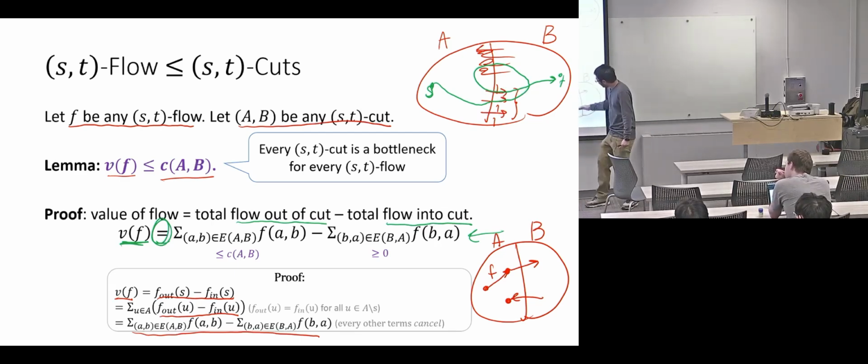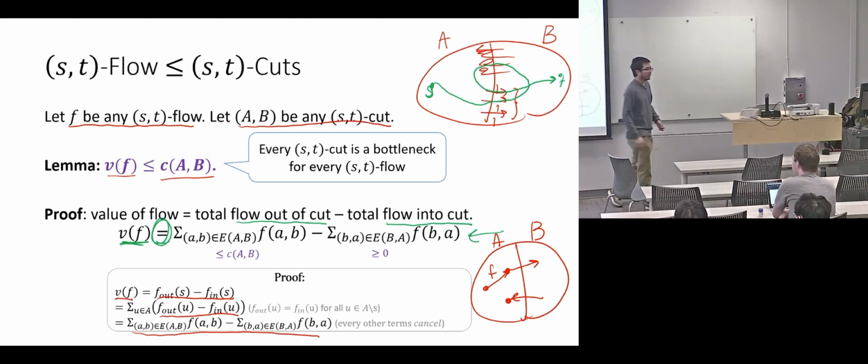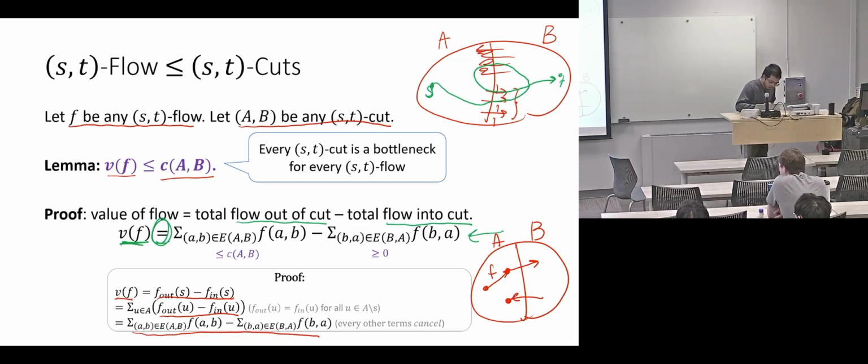The ones that go into A give you a negative value in this sum. So you get a positive value for each flow along an edge that goes out of the cut, and negative along edges that go into the cut. Make sense? Okay, good. So we have this thing.